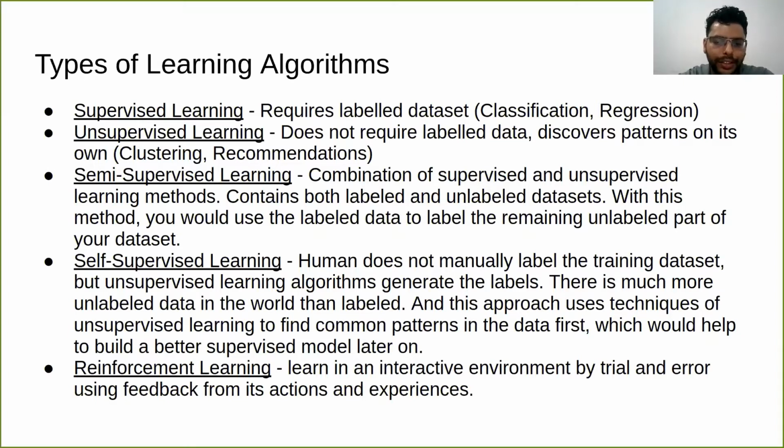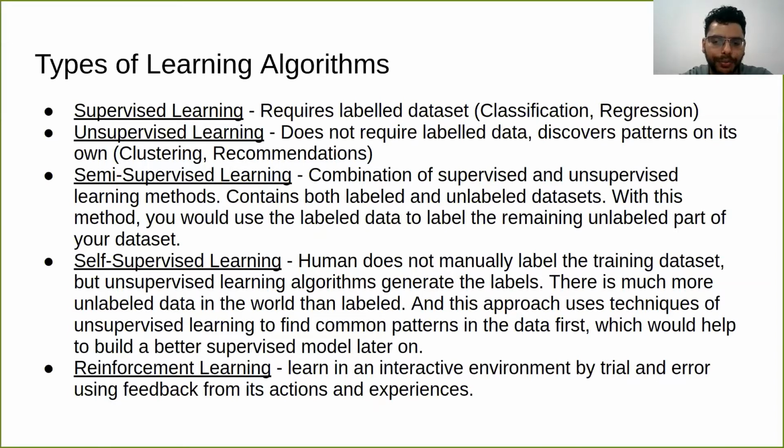And then finally, we have reinforcement learning, where we have something called an agent, and it tries to learn in an interactive environment by trial and error and by the feedback from its actions. If you see any kind of robot in an environment, that robot has been trained using a reinforcement learning algorithm. That is the most general way of teaching a robot.